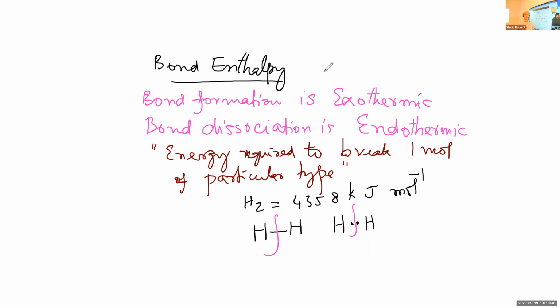If you take 1 mole of hydrogen molecules, 6.02 × 10^23 molecules, there will be 1 mole of bonds.